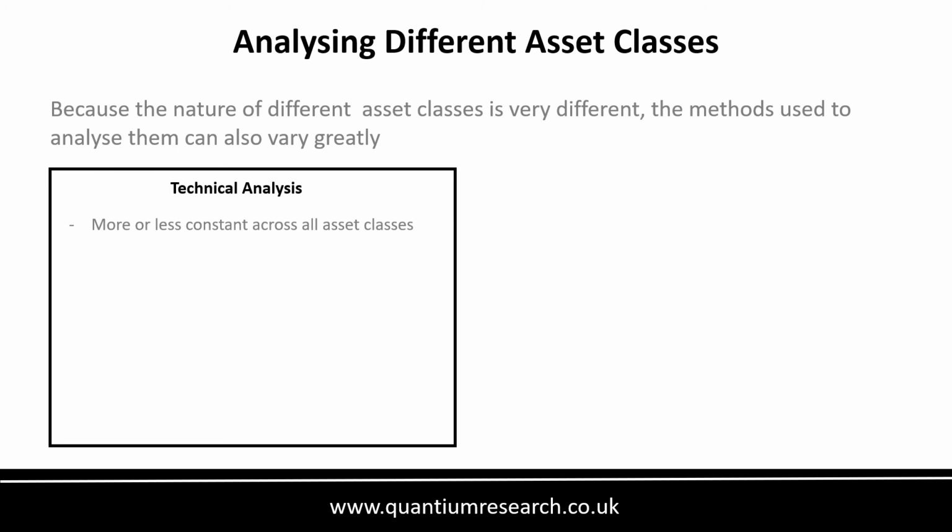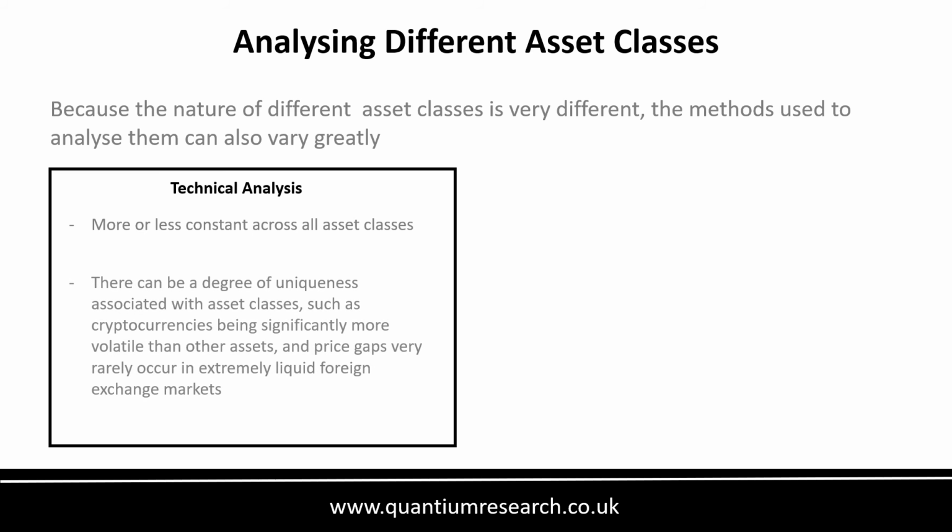But there can be a degree of uniqueness associated with the asset classes, such as cryptocurrencies being significantly more volatile than other assets, and price gaps very rarely occurring in extremely liquid foreign exchange or FX markets. But generally, the same analysis can be applied to stocks, bonds, forex, crypto, etc., with respect to technical analysis.